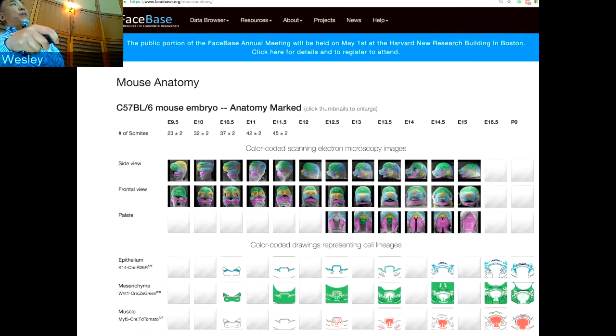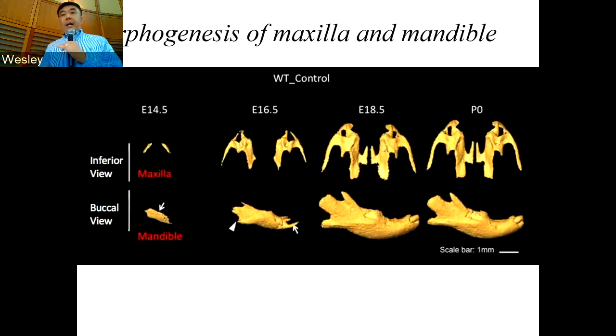So you can see the contribution of the different cellular components within the craniofacial structure coupled with the SEM images. You get to see how these cells contribute to the various parts of craniofacial development. And the last part of our study is these 3D imaging analyses, looking at when the mandible and maxilla begin to form, and how they take on their anatomical form and give rise to this well-defined anatomical structure throughout the developmental stages.